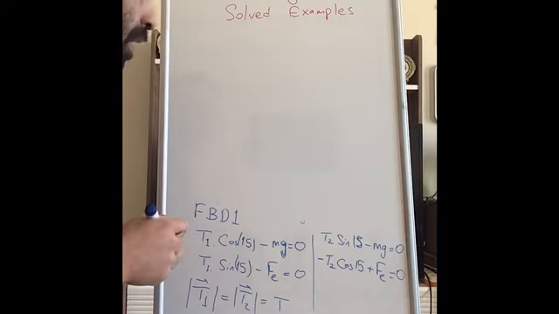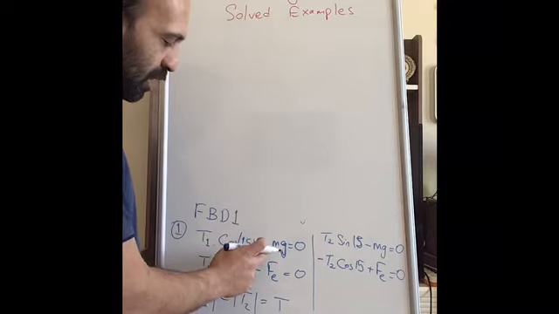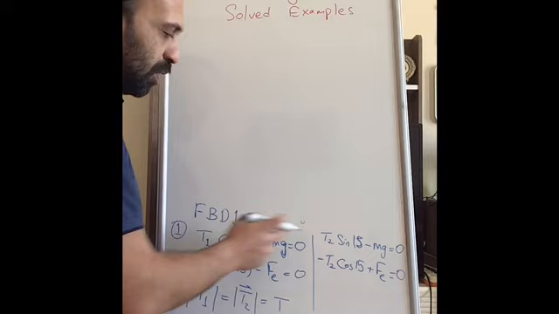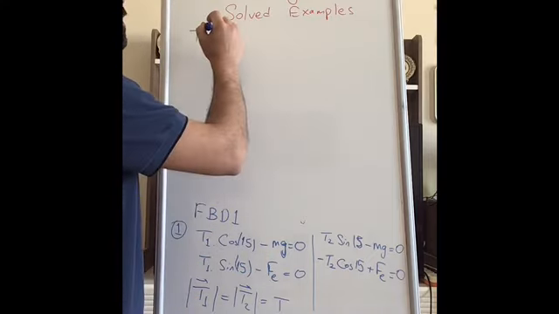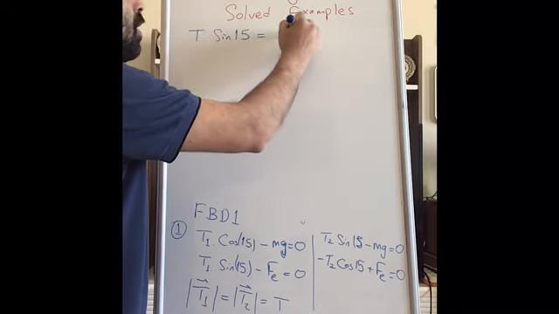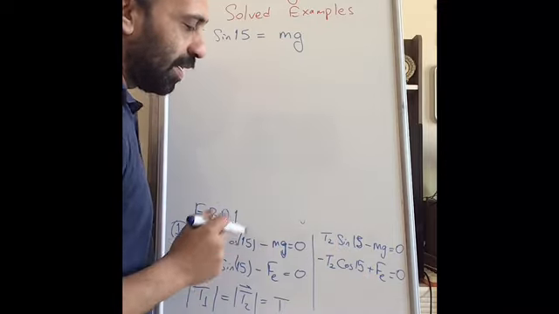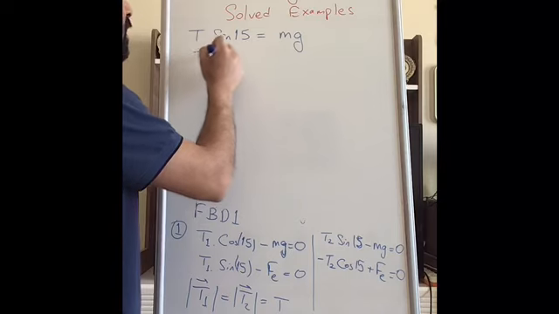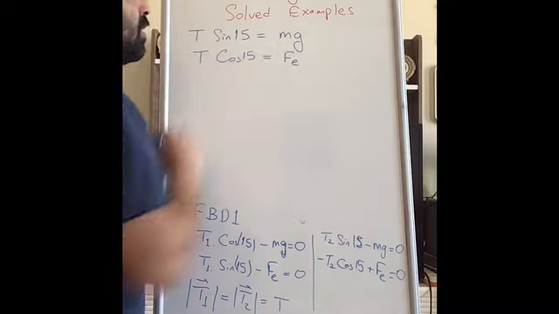Coulomb's law. Okay. Now, from the first equation here and here, now I'm using T instead of T1 and T2. T times sine 15 will be equal mg. And from the second equation, again, from both free body diagrams, T times cosine 15 will be equal the electric force.